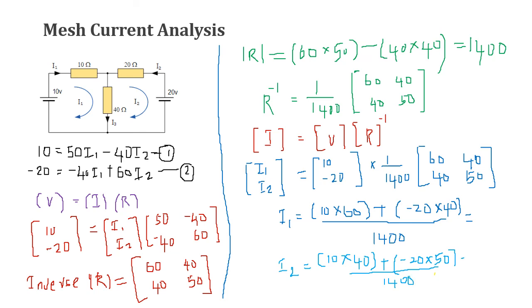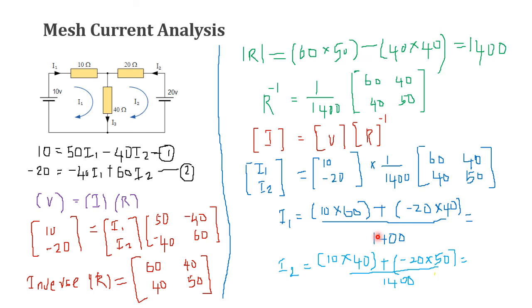So here I1 will be equal to approximately minus 200 over 1400. Here 600 minus 800 gives minus 200 on the top side, and 1400 below.